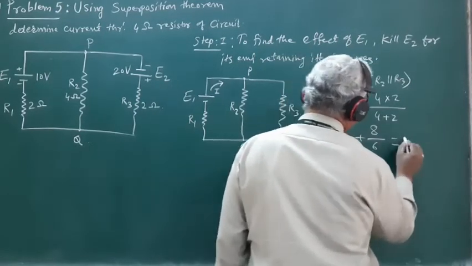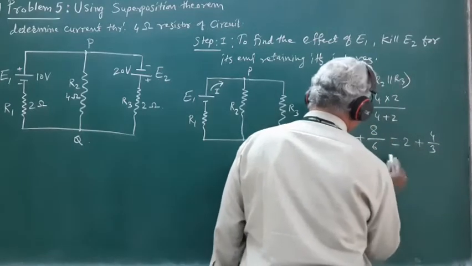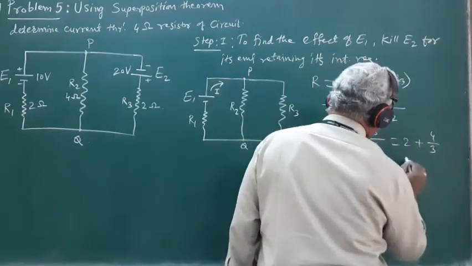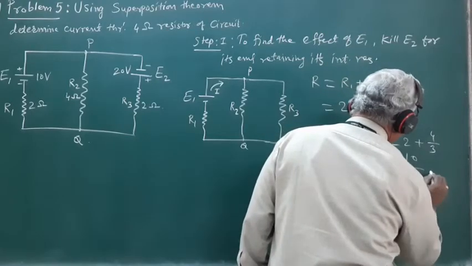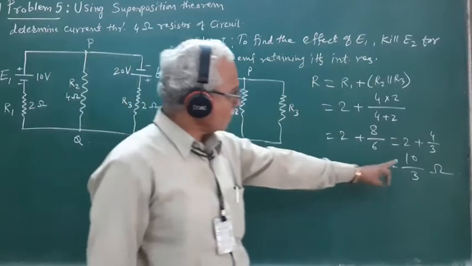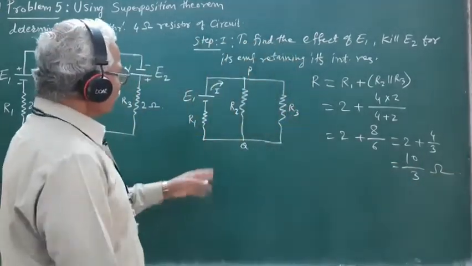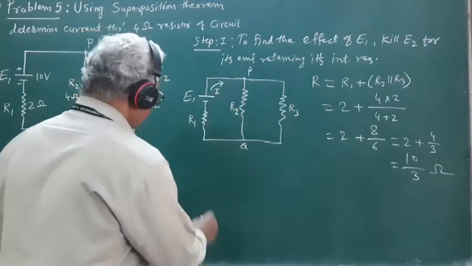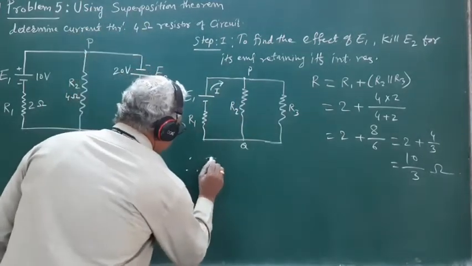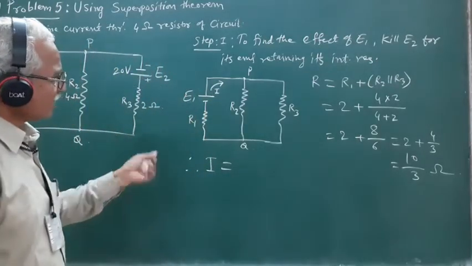So this is 2 plus 4 by 3, or this is equal to 10 by 3. So the total resistance R of the circuit works out to be equal to 10 by 3 ohm. And once we know the total resistance of the circuit, now we can find the total current I drawn from the source E1 by the circuit.